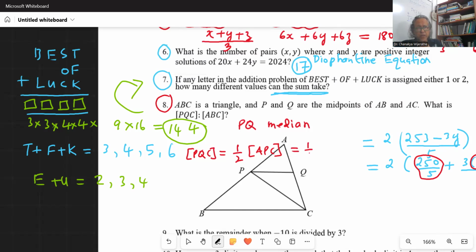Now, PQ is a median of the triangle APC. And PC is the median of the ABC triangle, right?